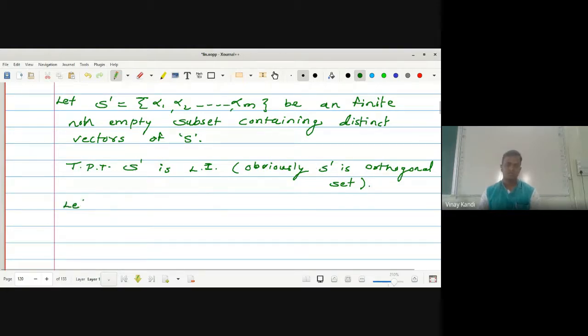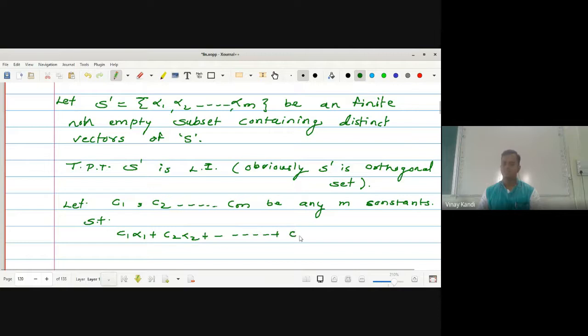So let C1, C2, up to Cm be any scalars or constants such that C1 alpha 1 plus C2 alpha 2 plus up to Cm alpha m is equal to 0.